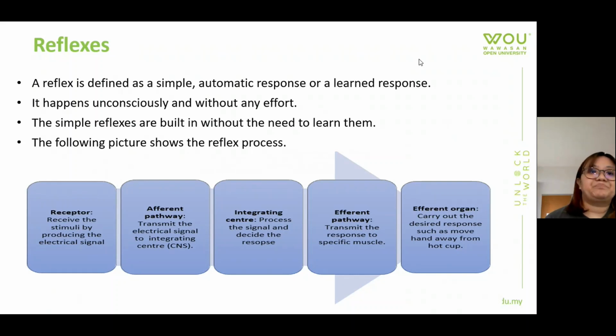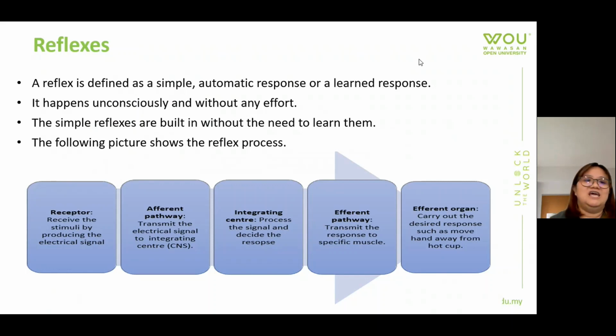It could be our natural inborn instinct, so you don't have to learn it, and some reflexes are very important for human survival. For example, when we touch a hot surface, we withdraw our hands. When we see something very dangerous, we have a fight or flight reaction and start to move.